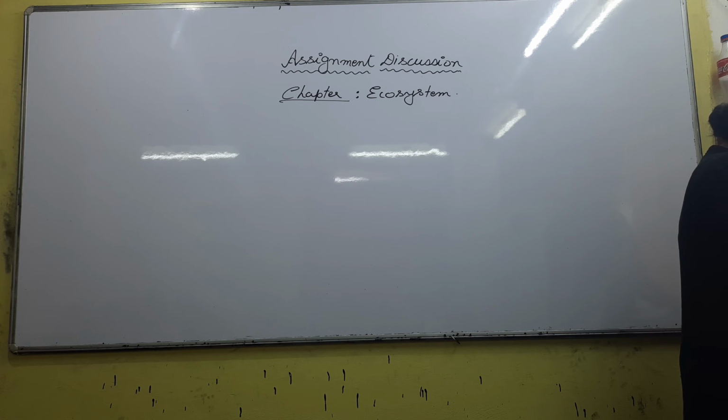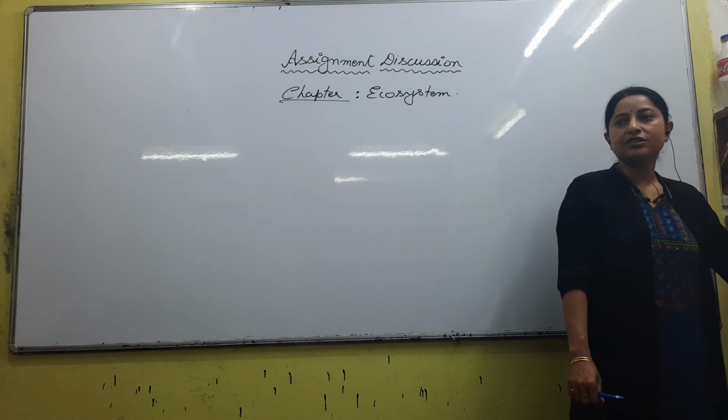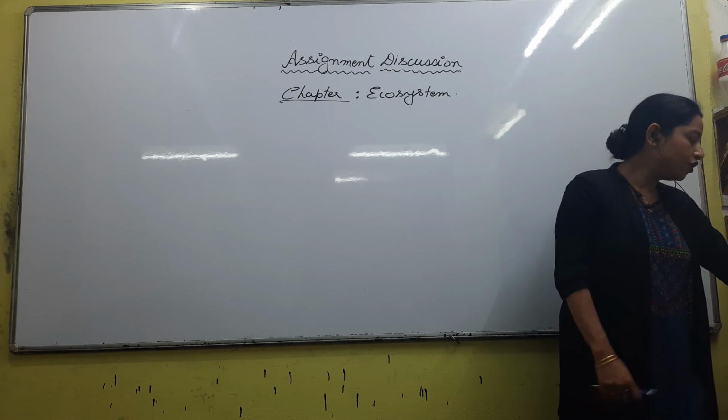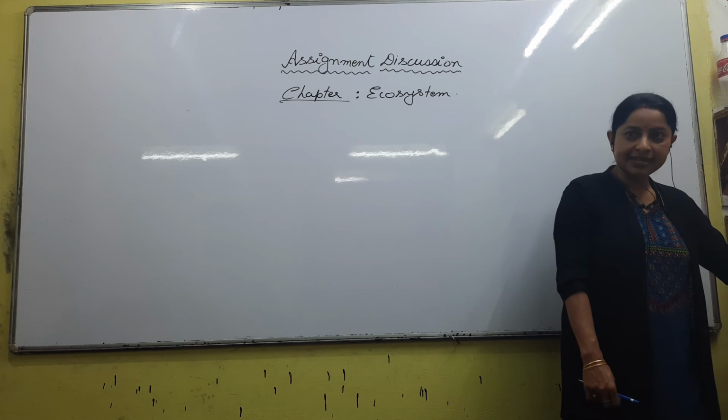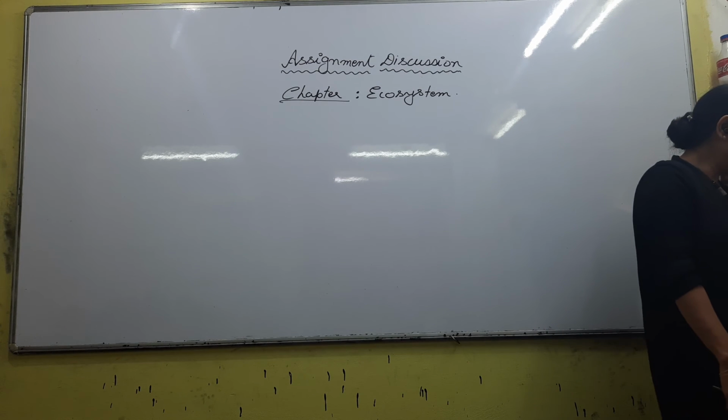Question number 16: the loss of energy, what is the amount of loss? 90%. Which of the following ecological pyramids is generally inverted? It is pyramid in C.